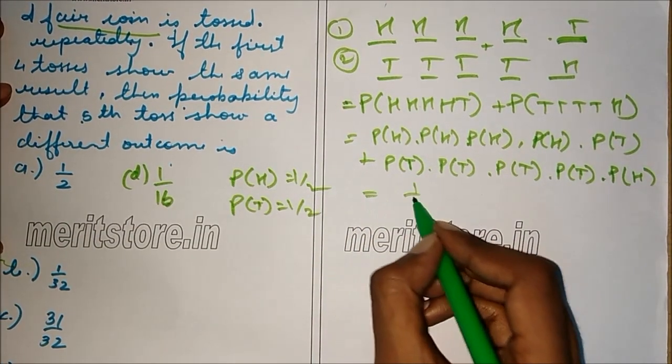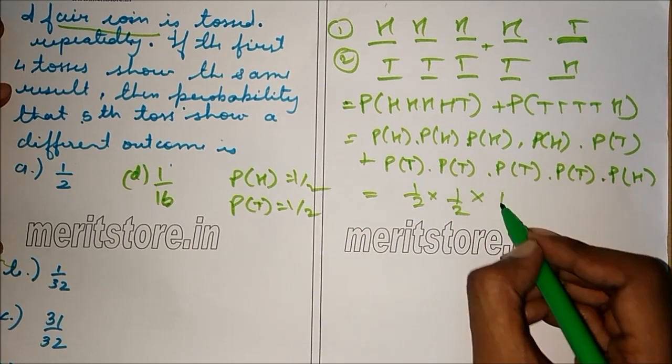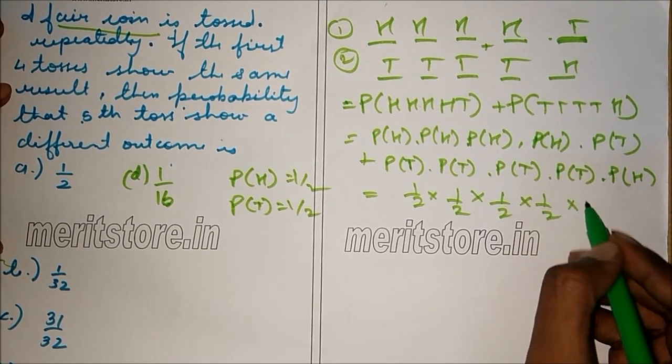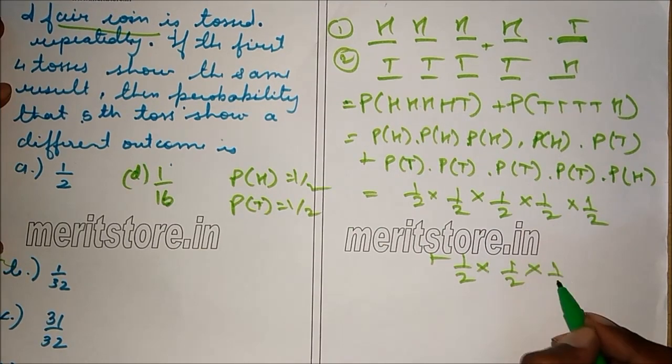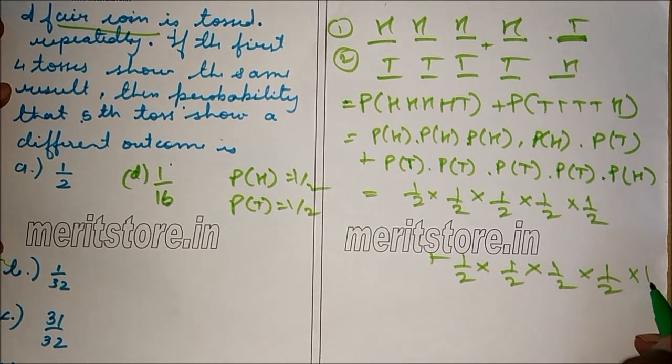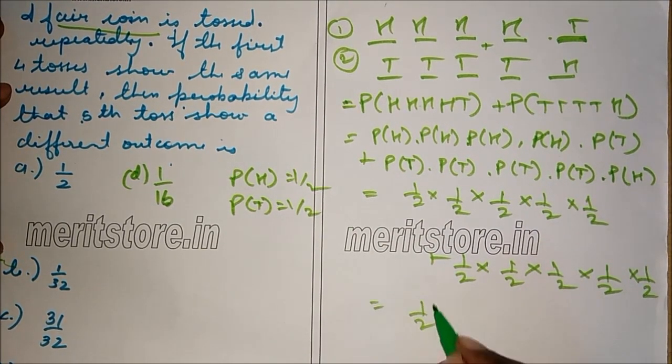So this will be half into half into half into half into half plus half into half into half into half into half. That is equal to half raised to 5 plus half raised to 5.